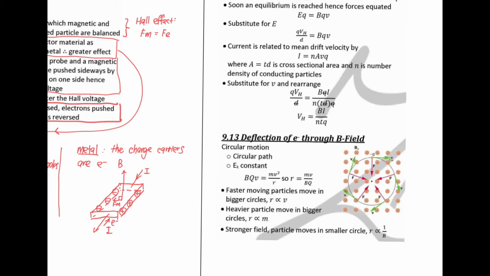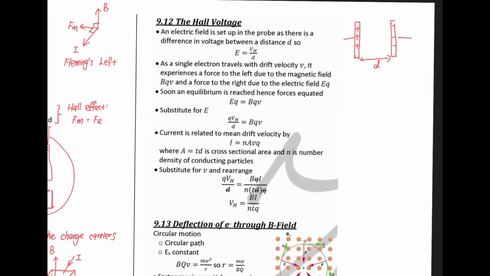Okay, let's see the point again. This second point, as a single electron travels with drift velocity v, it experiences a force to the left due to the magnetic field. This statement is for metal as the probe. Then it experiences force to the left.